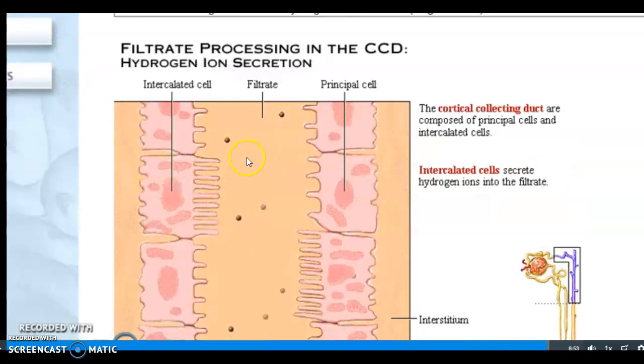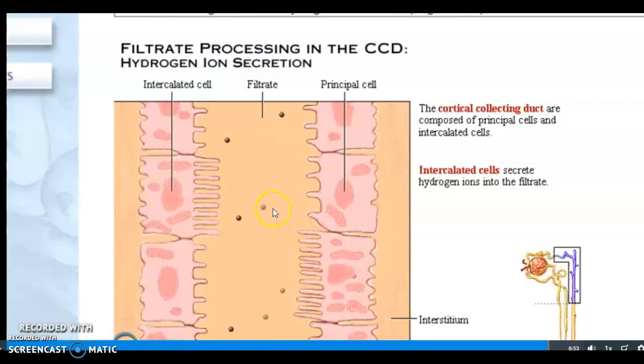Okay, another important function of these cells, especially cells called intercalated cells, is they actually release protons or hydrogen ions into the filtrate, because this is another way besides the lung. This is the metabolic way that we control our pH.